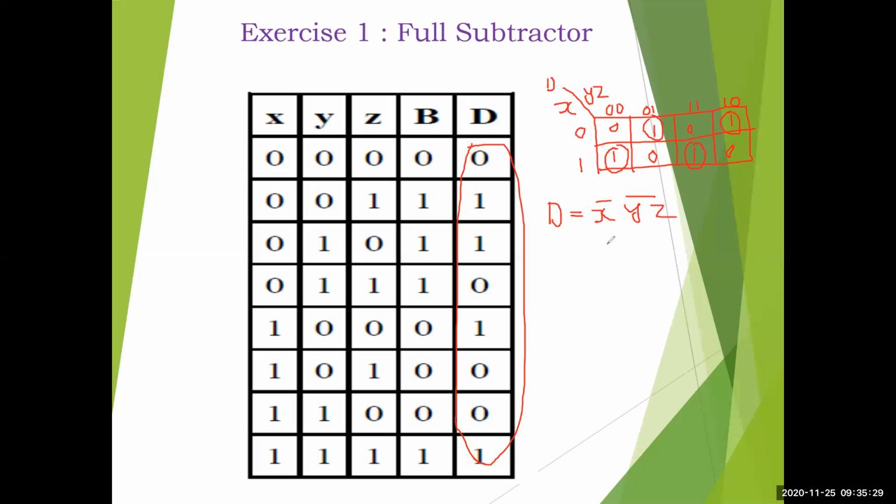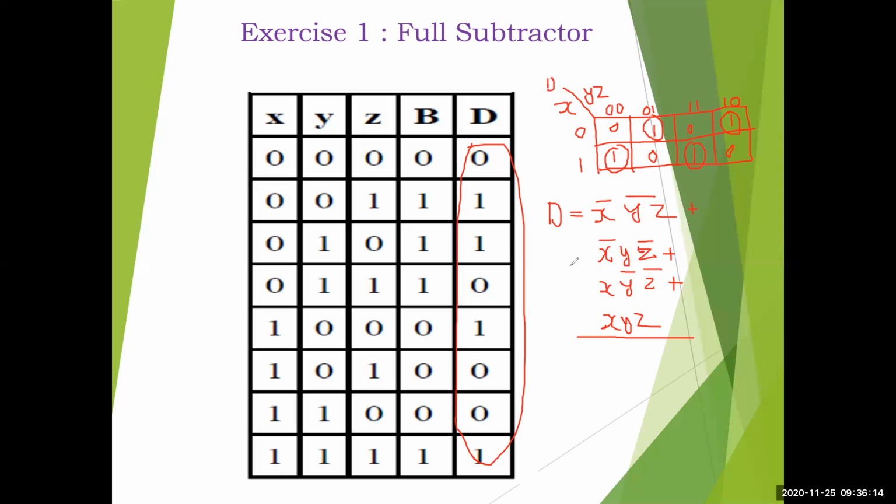Plus, next one I have here 0 1 0, so it is x bar y z bar. Then you have 1 0 0, that means x is 1 as it is and y, z complemented, so x y bar z bar. Plus this one, 1 1 1, nothing but x y z. This can be simplified further, same as in full adder, but this is the expression they have given. You can check if you have noted down the question.